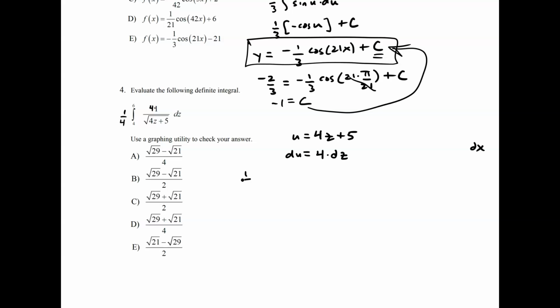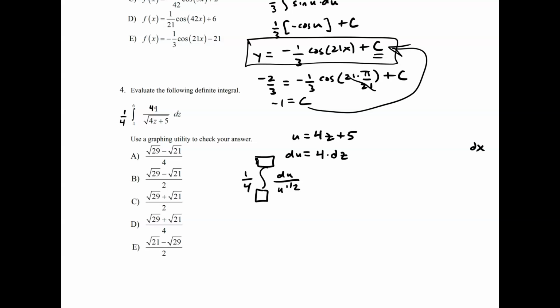And then when I rewrite this, I'm going to rewrite it as follows. I'm going to say 1/4 times the definite integral of, this is du over u to the 1/2. All right, my 4 dz can get taken out, and I can put du in its place, and I could plug u in for 4z plus 5. But I have to change my limits of integration.